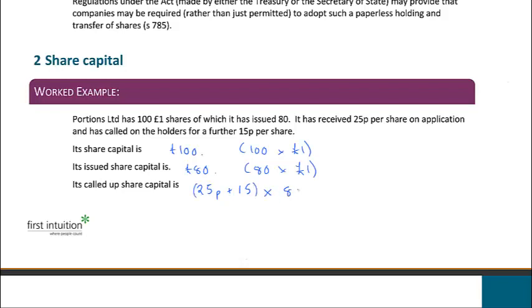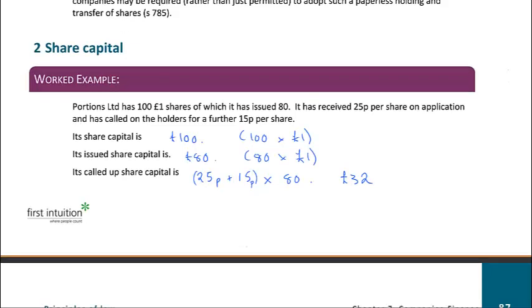And we have 80 shares in issue, which is going to give us called-up share capital of £3,200. Sorry, that would be a little bit extreme, wouldn't it? We're dealing in pence here, not pounds. So actually, our called-up share capital is £32, isn't it?